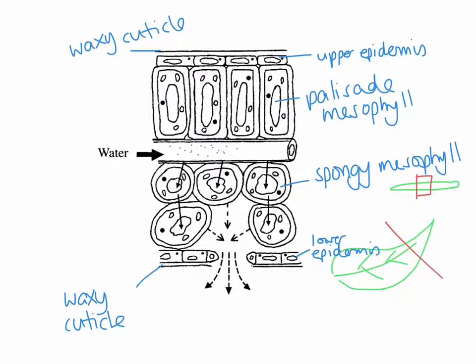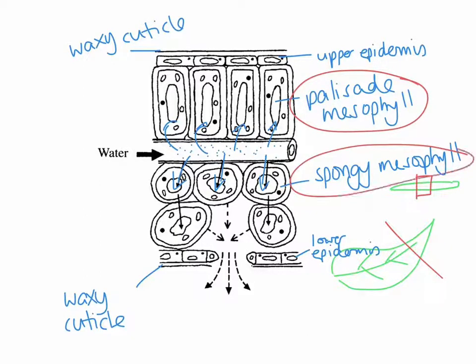So we have lots of water molecules inside the vessel. The water can move into the neighbouring cells by osmosis. So some will go up into the palisade cells for photosynthesis, but a lot will go down into spongy mesophyll cells.